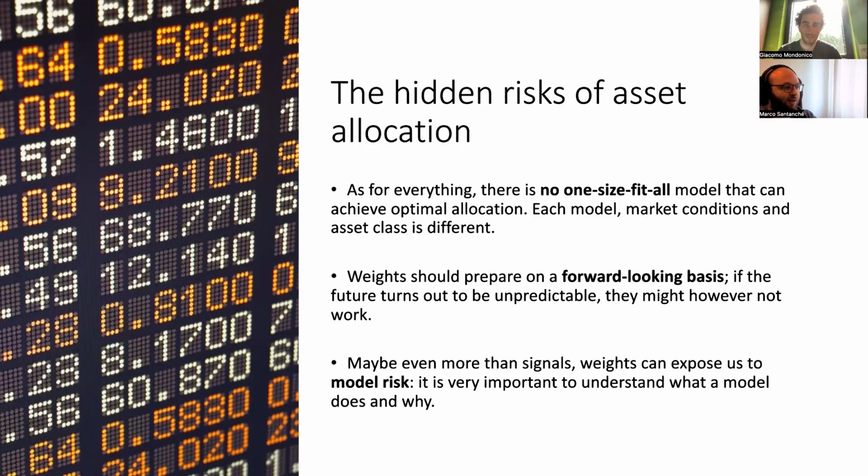So it's very important to understand why a model is telling us to invest, for instance, 60% in a single asset or asset class, and what it is looking at, and how we can actually mitigate model risk, adding additional models or additional risk controls to the investment process.